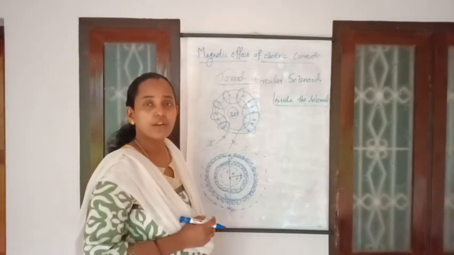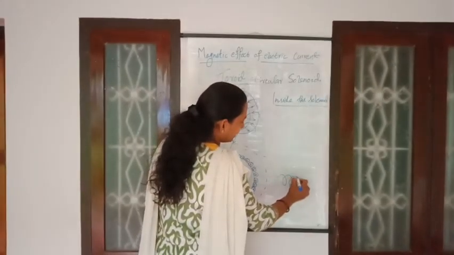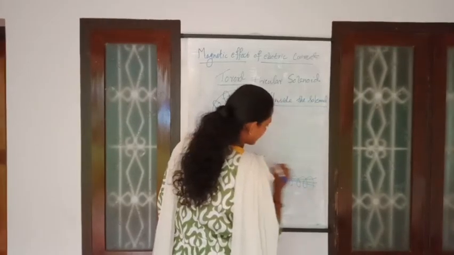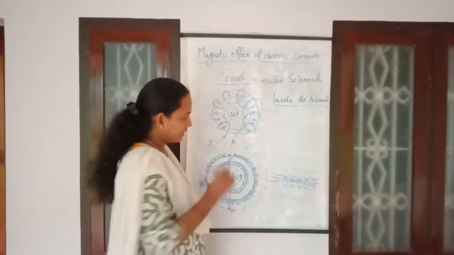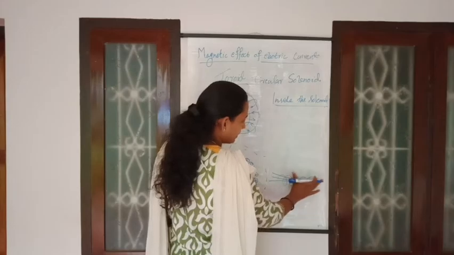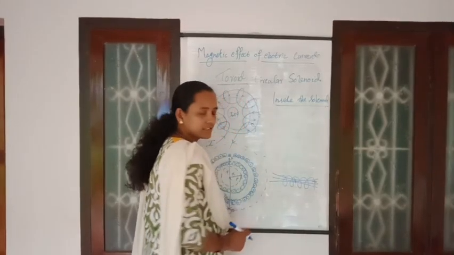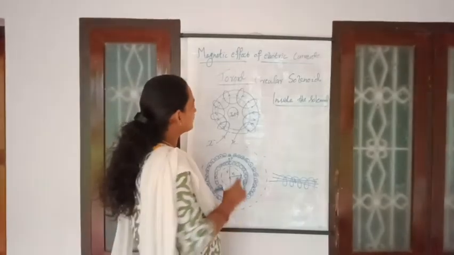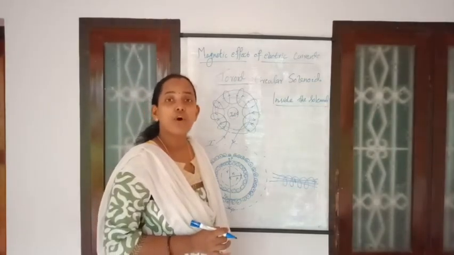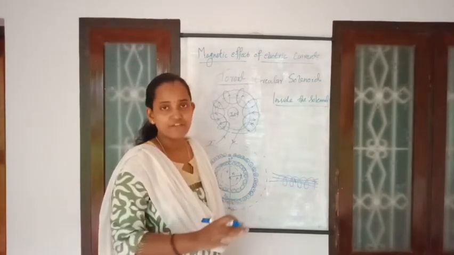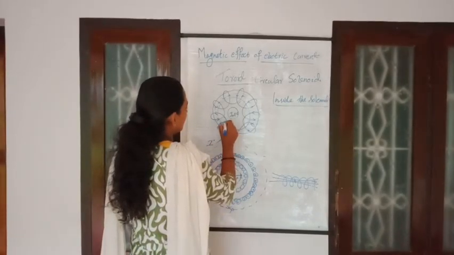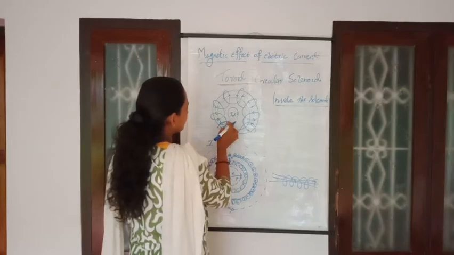As in the case of the solenoid, we studied that when it is wound like this, there is a strong and uniform magnetic field inside the solenoid. But the strength is uniform and more in the middle, and it becomes less as we move, so there is a little variation. But as in the case of this toroid, because of this symmetry, there is a uniform magnetic field everywhere. So here, based on the symmetry, the current is coming like this. This is the upper part.